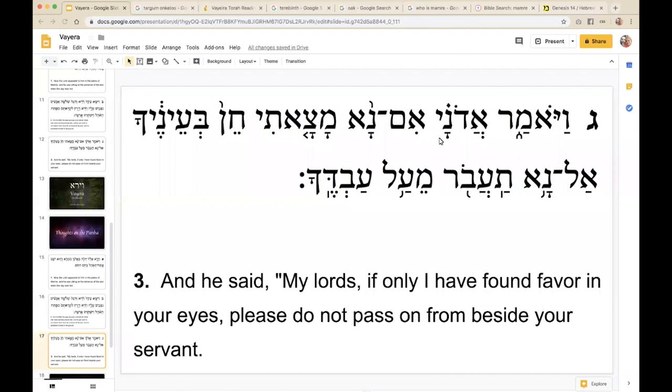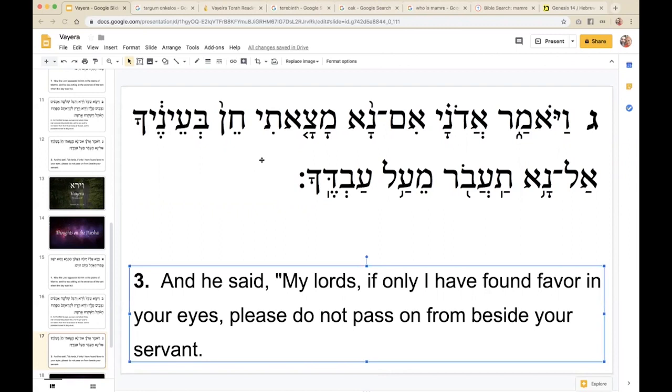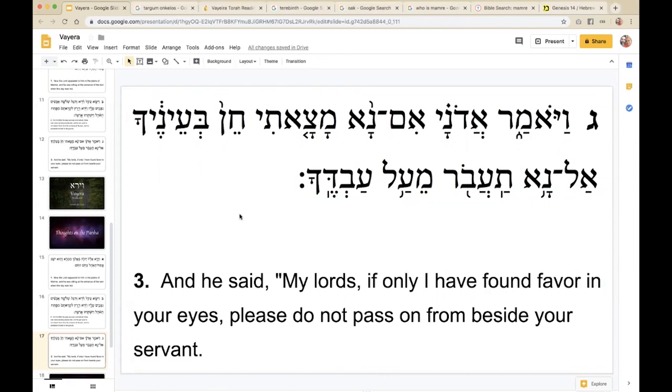It's in plural form. The question is, why is it that this is plural form, and the other verbs actually here are singular masculine. Okay, so we have, for example, ta'avor, which means pass, so do not pass, al na ta'avor.